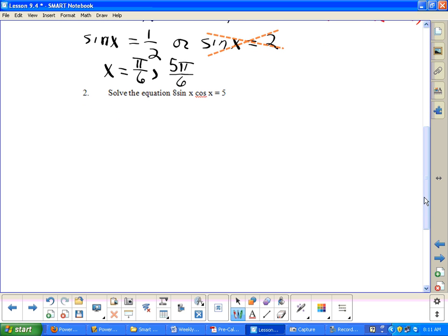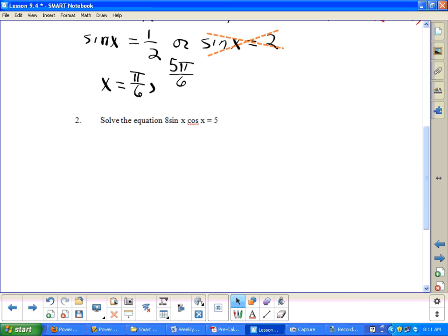8 sine of x cosine of x equals 5. Now, which identity does this look like? Does that look like the sine of 2x? Grant, you agree with that?